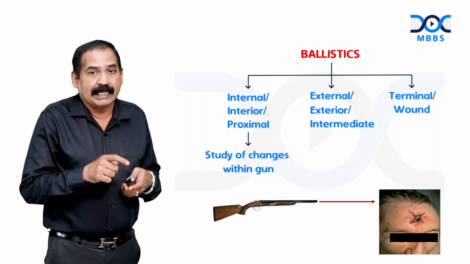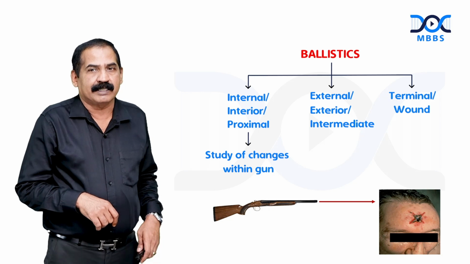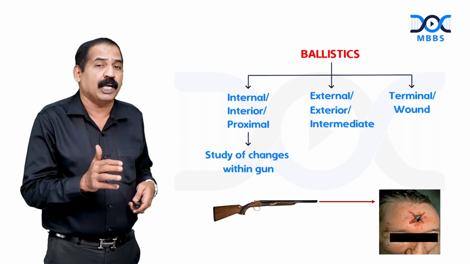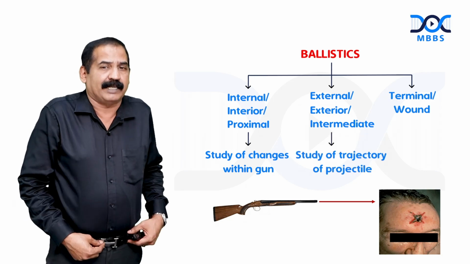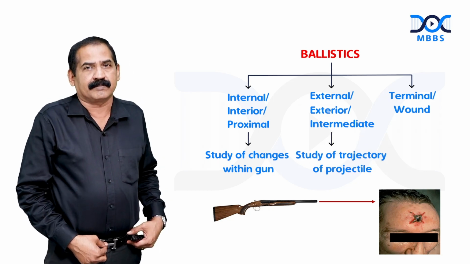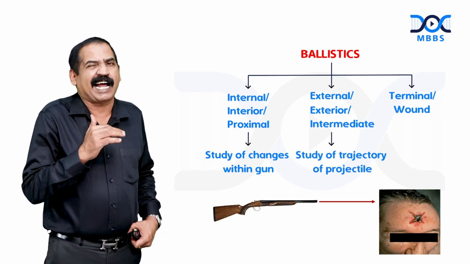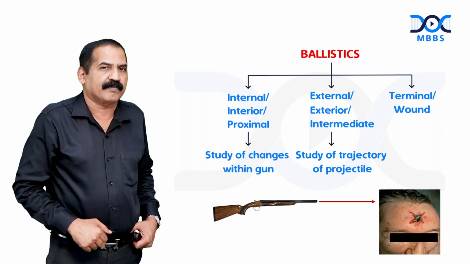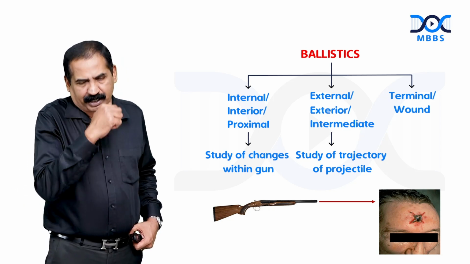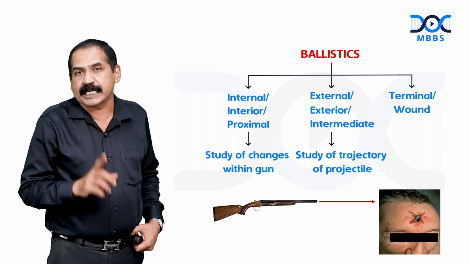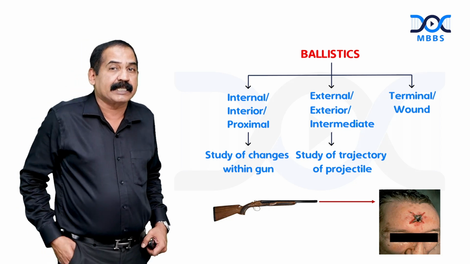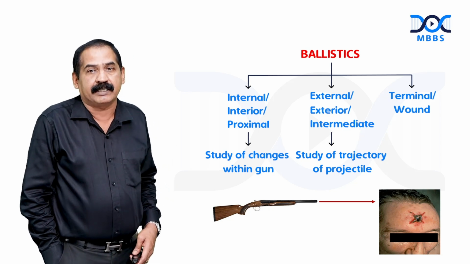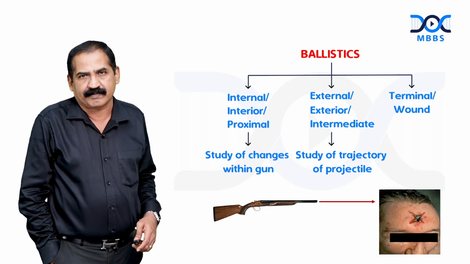Once the projectile leaves till it hits the target, the study of the motion of the projectile, or study of trajectory of projectile, is known as external ballistics or exterior ballistics or intermediate ballistics.